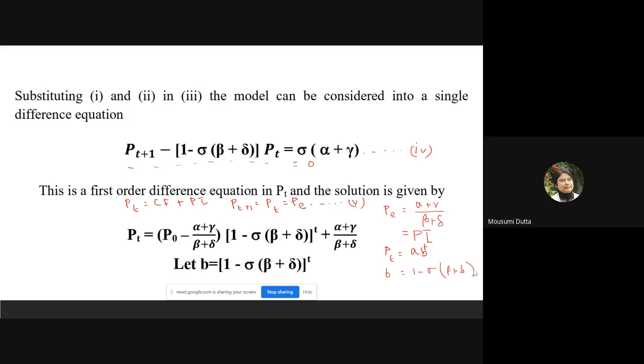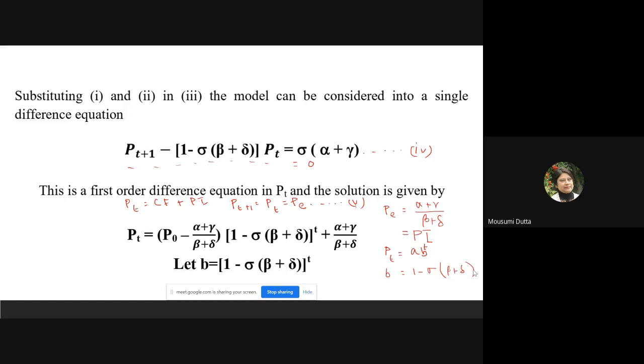Please check whether you are getting the same value for b.